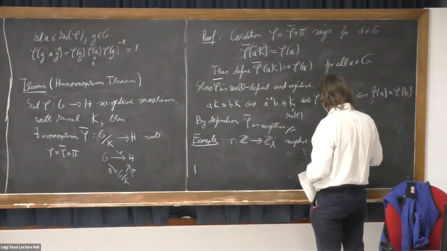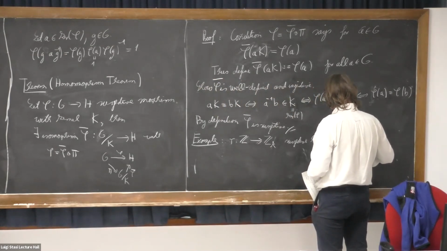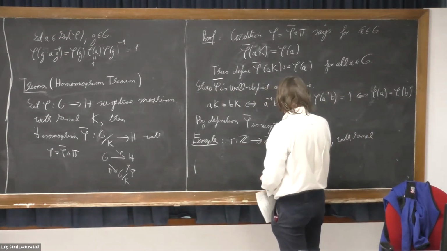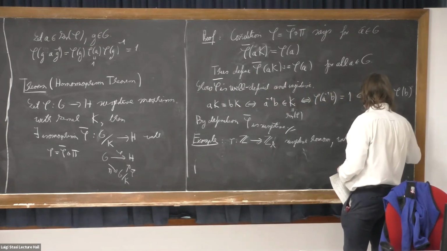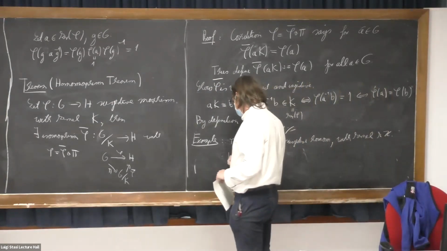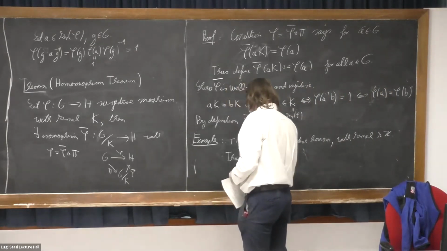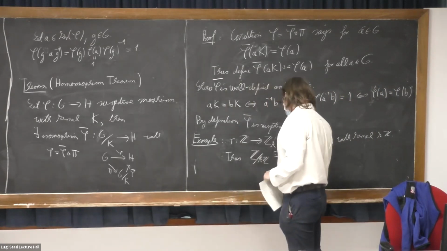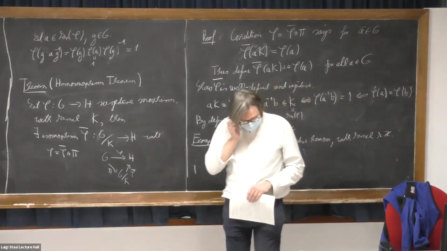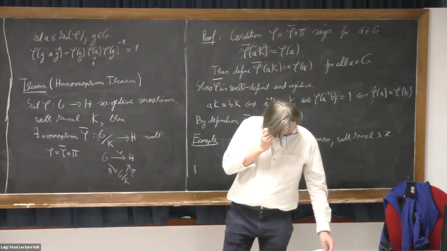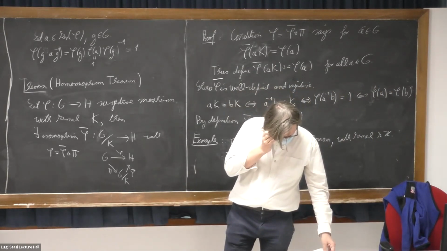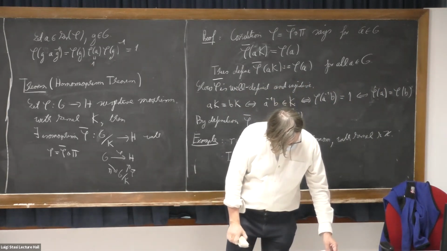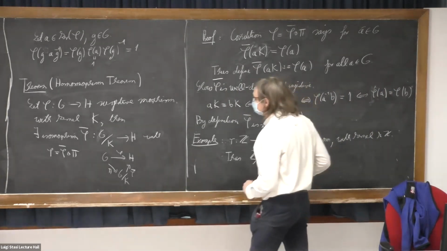And the kernel is all the things where the remainder is 0 when we divide by k. So thus we get an isomorphism: Z modulo kZ is isomorphic to Z_k.